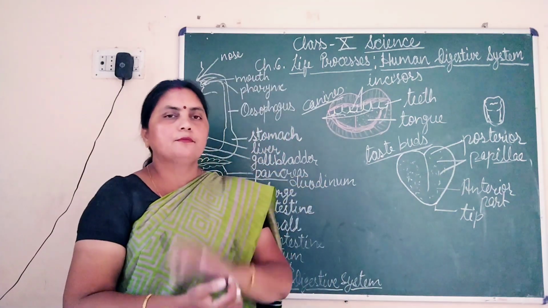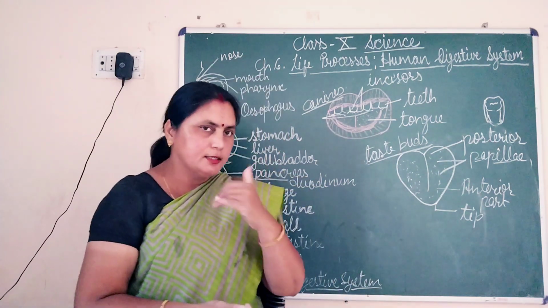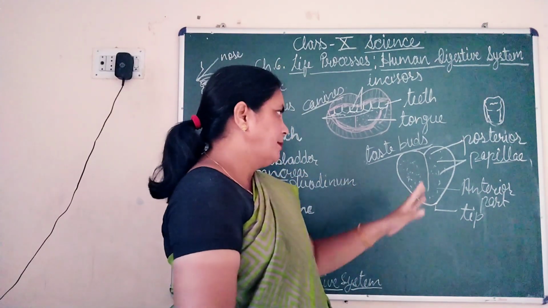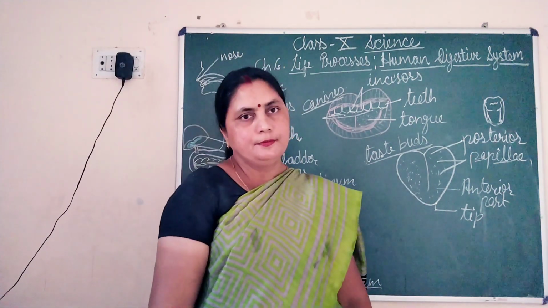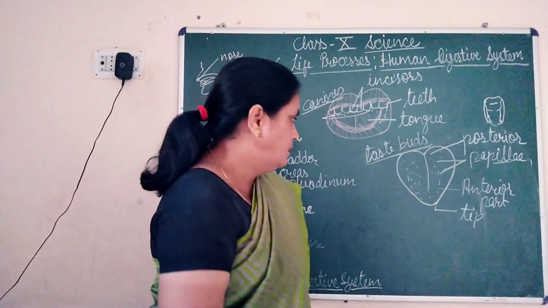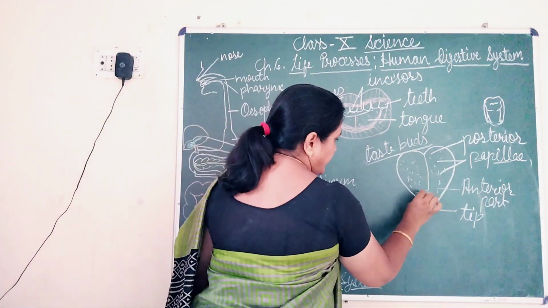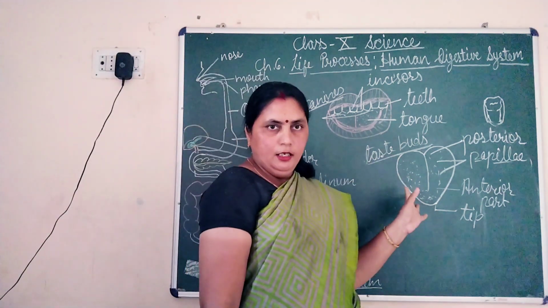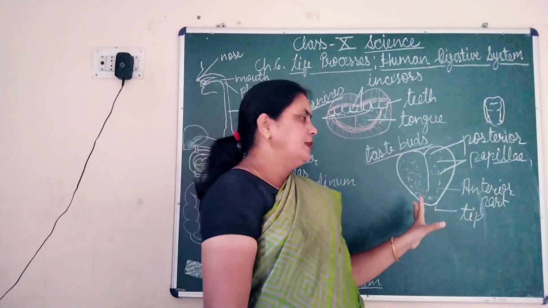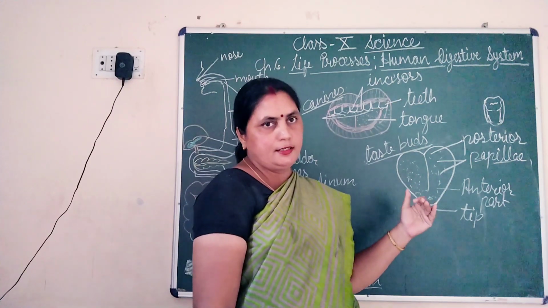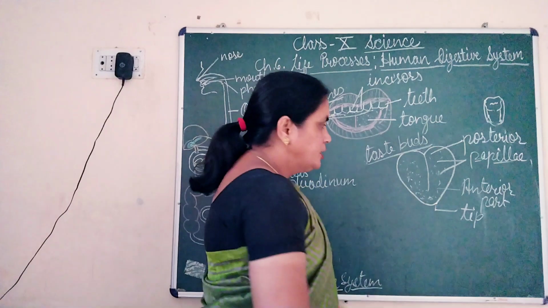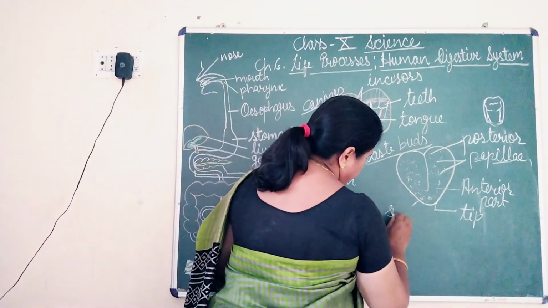When food enters our mouth, we can know the taste of this food because of taste buds. And taste buds located on various parts of this tongue are responsible for various tastes. Like on the anterior part, there are taste buds for sweet taste.